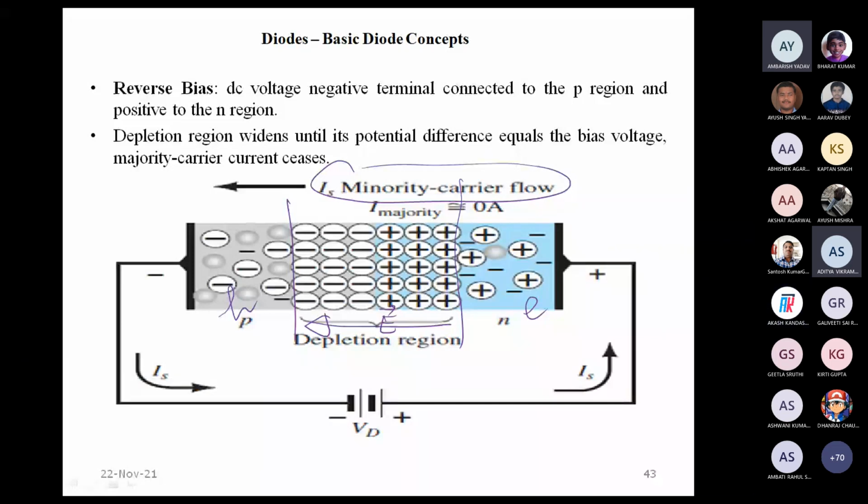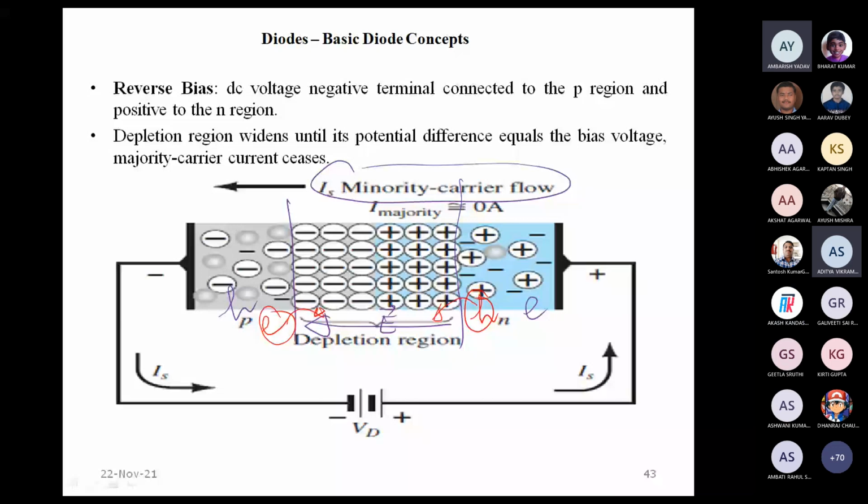Whereas minority charge carriers, if we see the electrons in the p region and holes in the n region, and see that if somehow this electron comes in the influence of this electric field, or say a hole comes in the influence of this electric field, then what will happen?